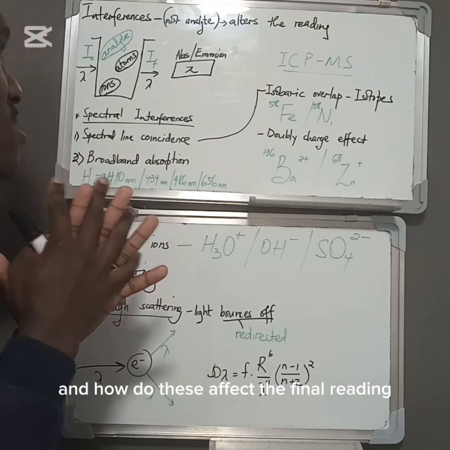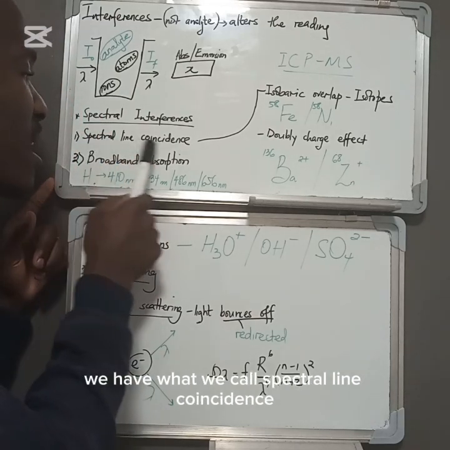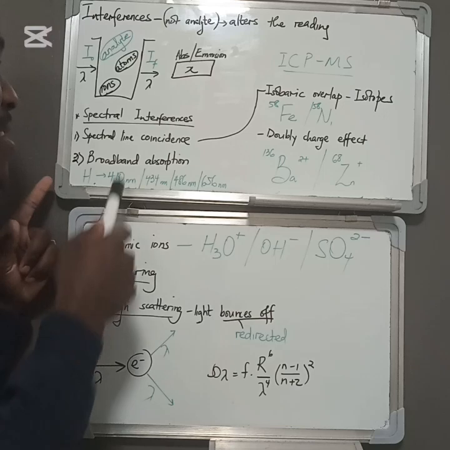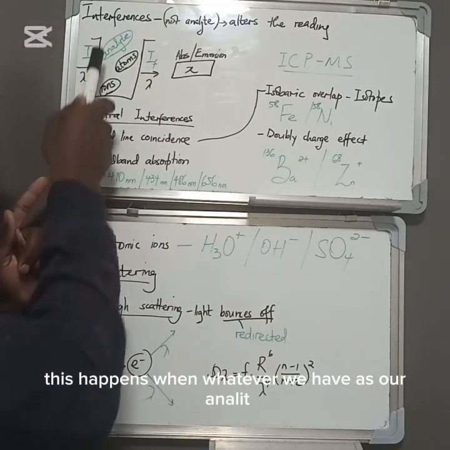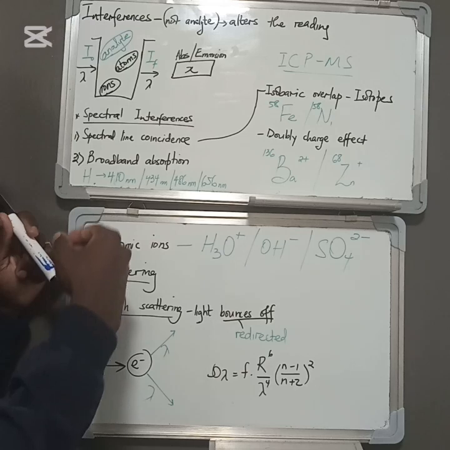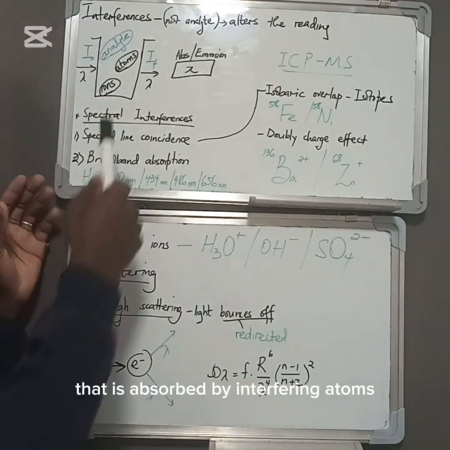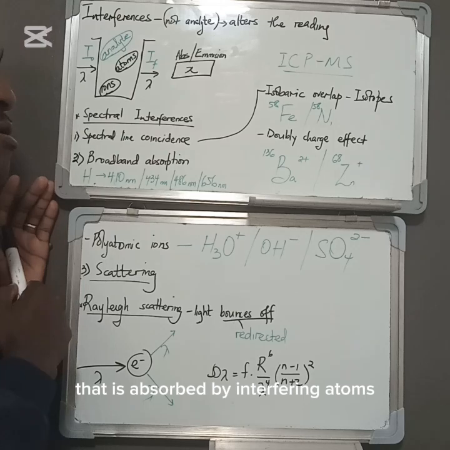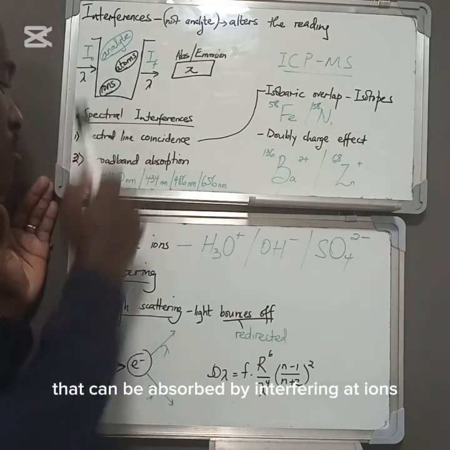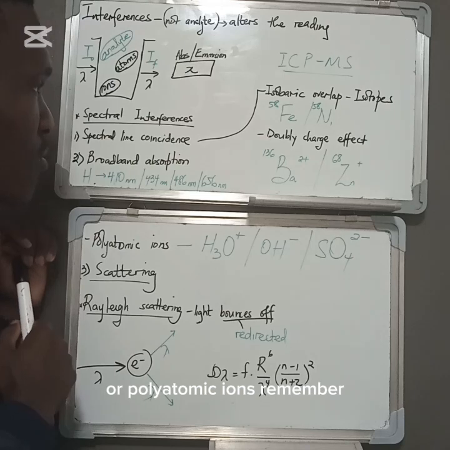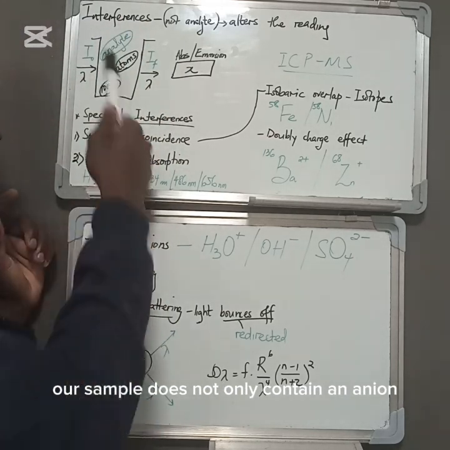And how do these affect the final reading? We have what we call spectral line coincidence. This happens when whatever we have as our analyte absorbs the same frequency that is absorbed by interfering atoms, interfering ions, or polyatomic ions. Remember, our sample does not only contain an analyte.